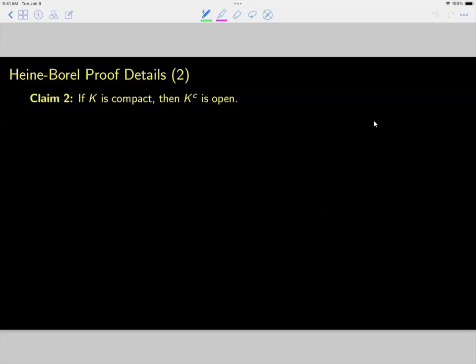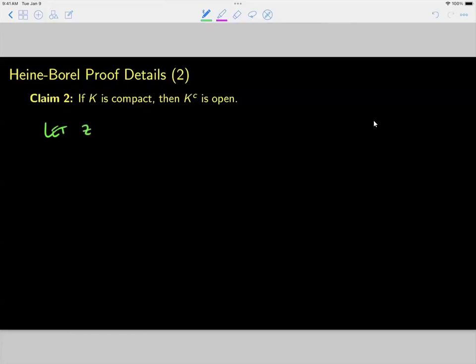Now, in the second piece, we want to show that if K is compact, our goal really is to show K is closed. The way we're going to do that is we're going to show that the complement of K is open. Now, this one, I'm going to draw some pictures as we go because I think the pictures are quite helpful to understanding what's going on here. We're going to assume K is compact. We want to show that the complement is open. So what does that mean?